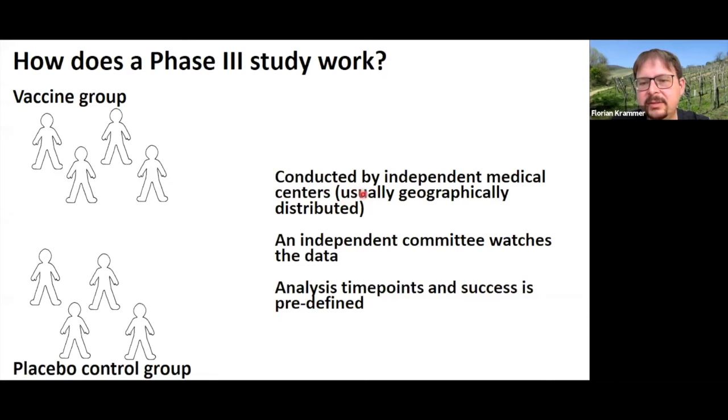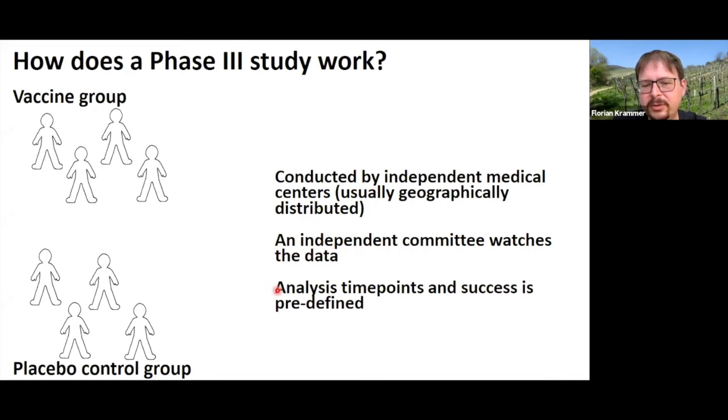And this is usually geographically distributed, not just in the US, but also across the globe. And then there's another important element, which is an independent committee that watches the data. So the data first goes to that committee, and they make decisions based on that, when to do an analysis, when to stop a trial because there are safety issues. So they are basically independent of that company.